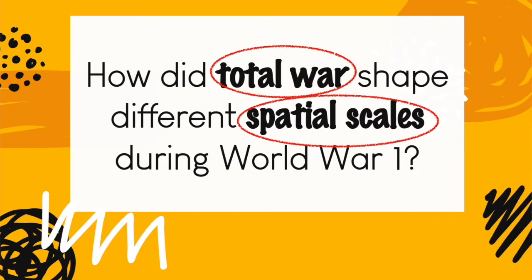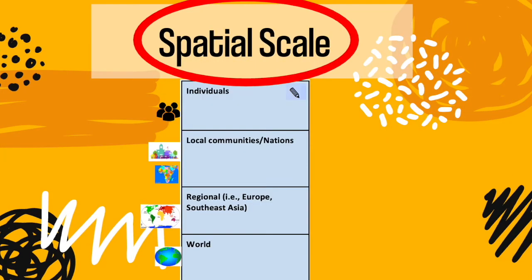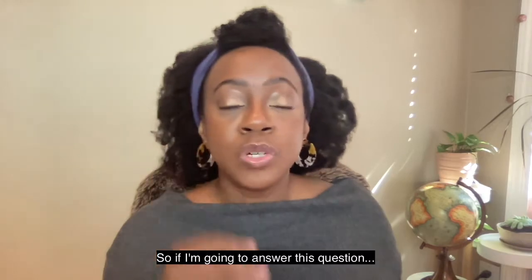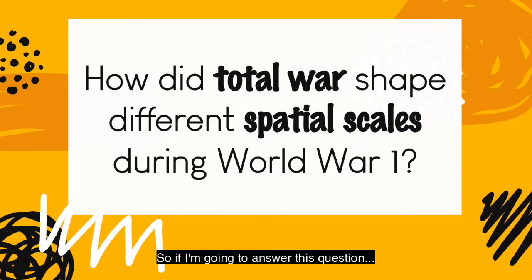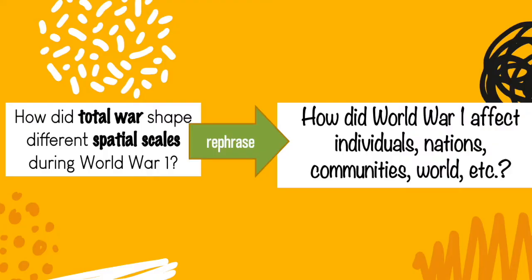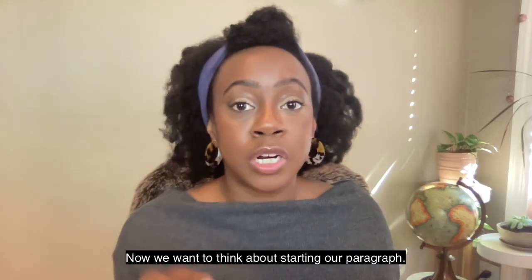When I hear the word scale, I think of individuals, local communities, nations, regional, for example, Europe, Southeast Asia, and the world. If I'm going to answer this question, let me see if I can rephrase it. So in other words, we have to write about how World War I affected individuals, local communities, nations, regions, and the world. Now we want to think about starting our paragraph.